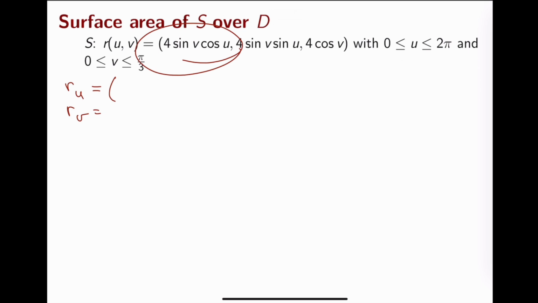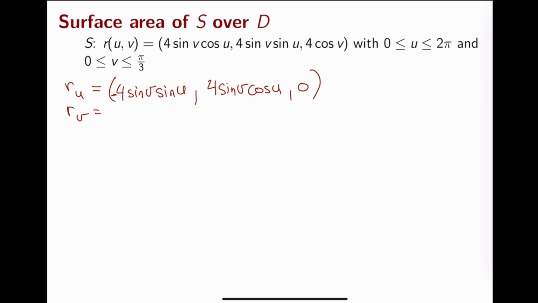In this case, the derivative of this with respect to u, this will be a constant, 4 sine v, out of the derivative, and the derivative of cosine of u, that will be minus sine u, comma, the derivative here with respect to u will be 4 sine v, that is a constant, out, times the derivative of sine of u, which is cosine of u. And the derivative of this with respect to u is 0, since there is no u there.